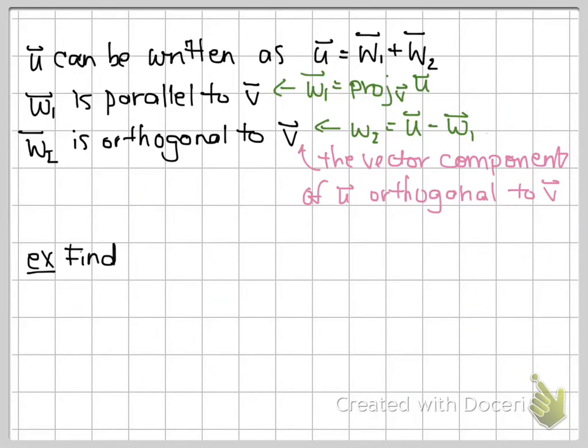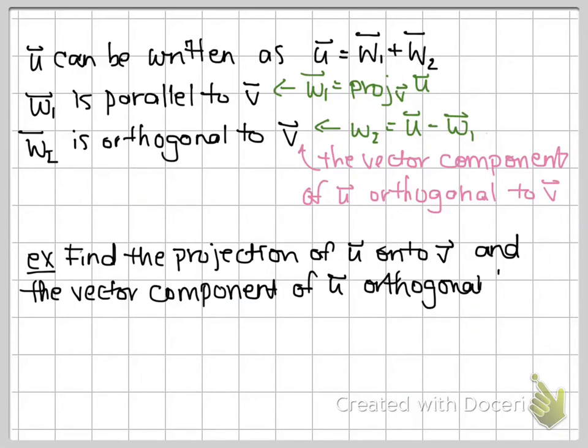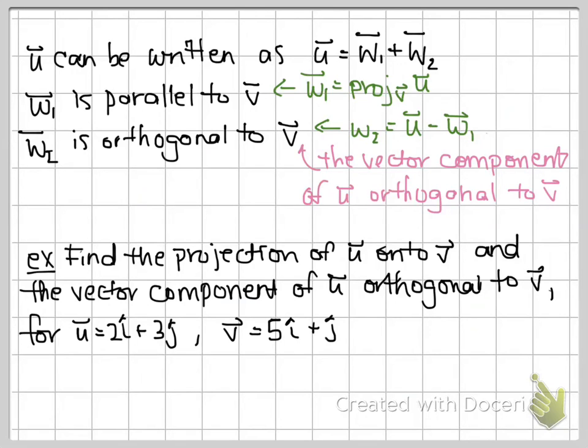Alright, let's look at an example. Let's find the projection of u onto v and the vector component of u orthogonal to v for the following vectors: 2i plus 3j and 5i plus j.